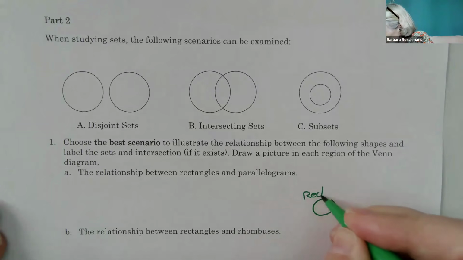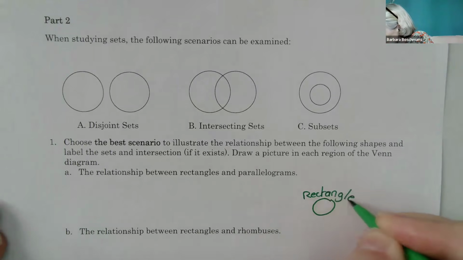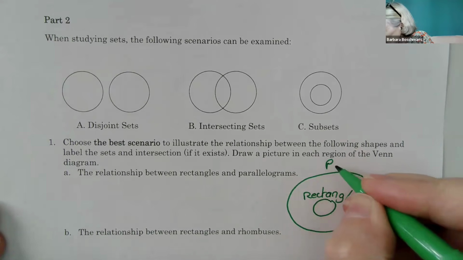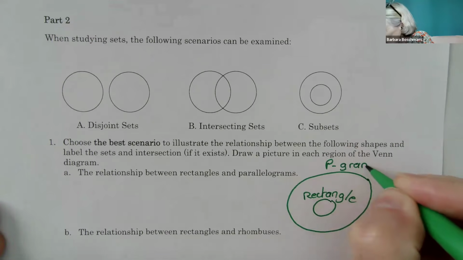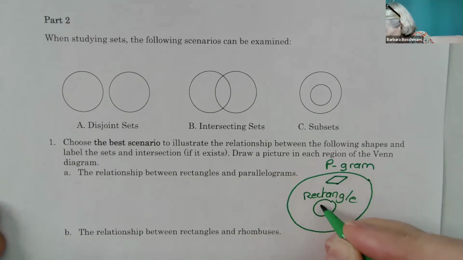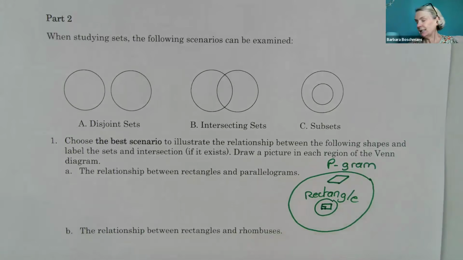So here's my rectangle, and you can abbreviate parallelogram to pgram. Then we draw pictures. We draw a parallelogram that is not a rectangle, and then a rectangle that is a parallelogram, but it has that 90-degree angle. If an all statement is true, then you can make that a subset.